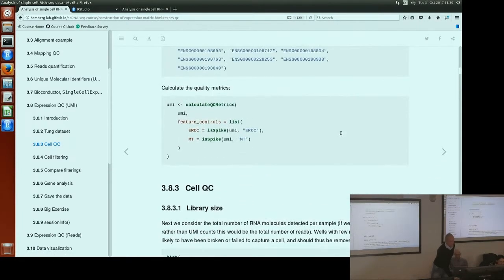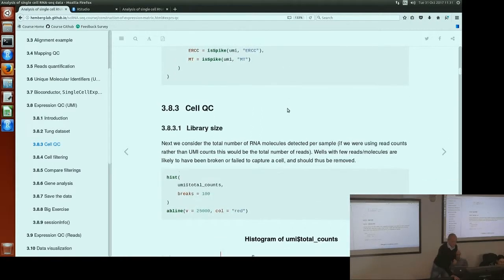When we run this function, this will create additional columns in your annotation matrices. For example, if we had a cell annotation matrix with names of the patients, names of wells, this function will add some extra columns to this matrix, which will contain summarized information about the expression matrix.